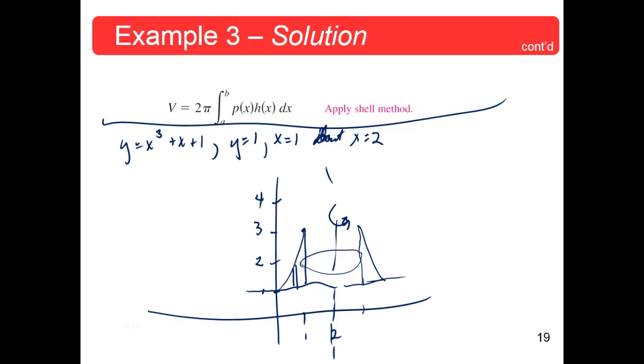So we've got to use the shell method here. Stick with our dx's because this is in terms of x. And the height here is just simply the function minus 1, okay? This function minus 1, which actually would be a pretty easy thing to do. Your dx, that's going to be fine.